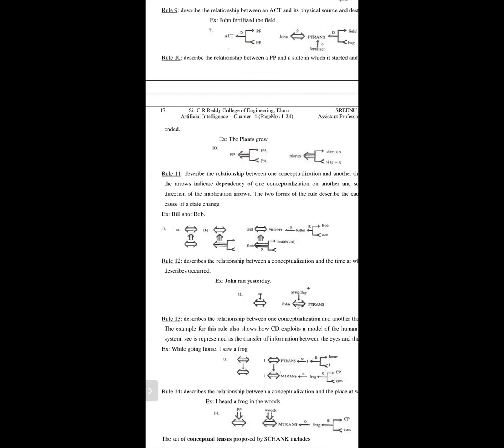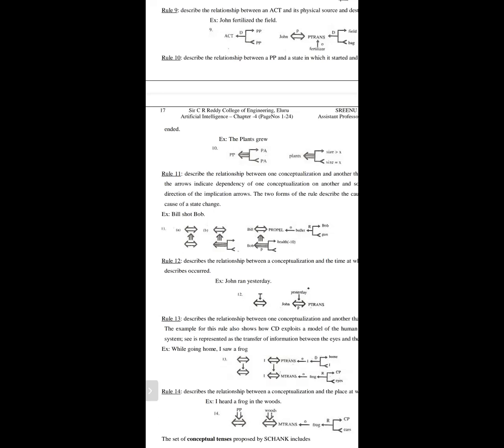So on what is he applying the force? Bullet. So he is propelling the bullet. Here the recipient is Bob and gun. That means from the gun, by applying force, the bullet is moving from the gun to Bob.